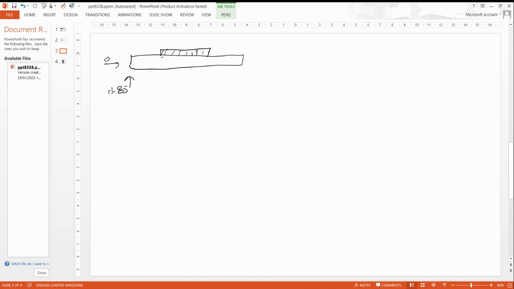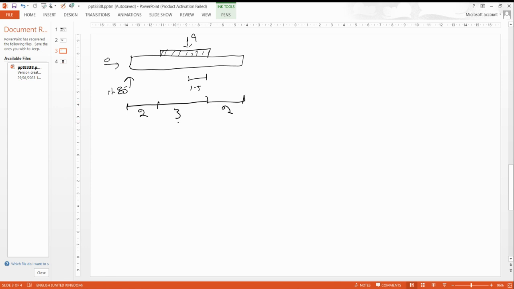This one is UDL, it was 9 and this distance was 1.5. The total distance was 2, 3 and 2, so it means 7. Here is normal, because there is no x forces, the normal is always 0, and here is V.